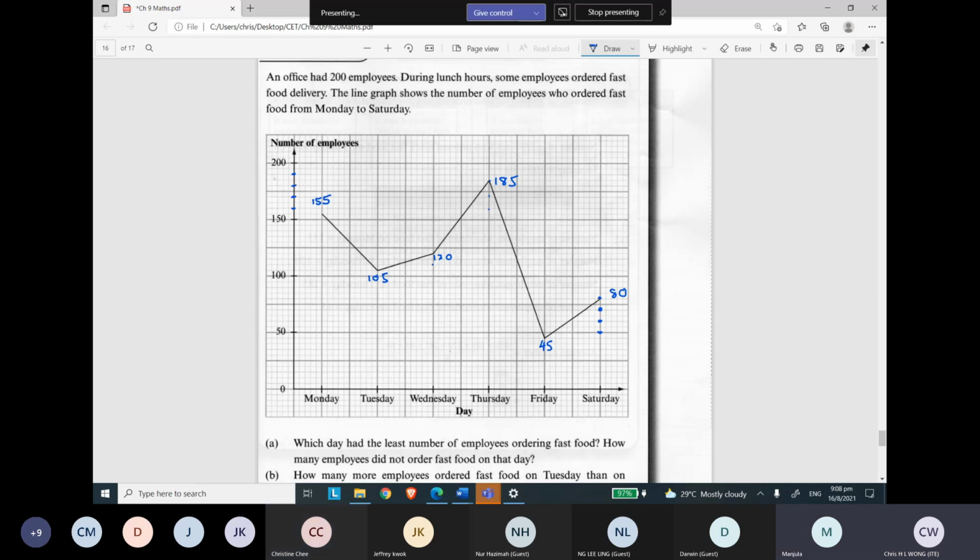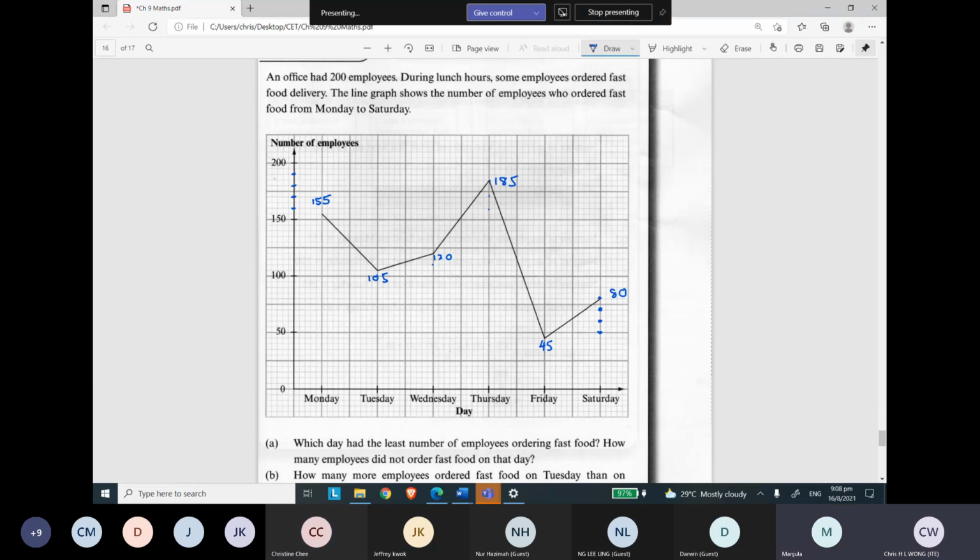How many employees did not order fast food on that day? So you take the total minus 45. What is the total? 155 plus 105 plus 120 plus 185 plus 80. Then the total minus 45. No, 200. 200 minus 45.